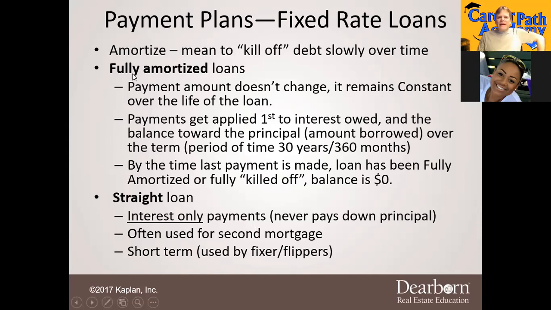Now, the term amortize means to kill off slowly over time. And that's exactly what you do. You're slowly killing off the debt, agonizingly slow. Over 30 years is the average mortgage term, right? So you're agonizingly killing that debt off slowly over time with periodic payments toward the principal, the amount that you borrowed, and the interest, the rent that you pay on the amount that you borrow.